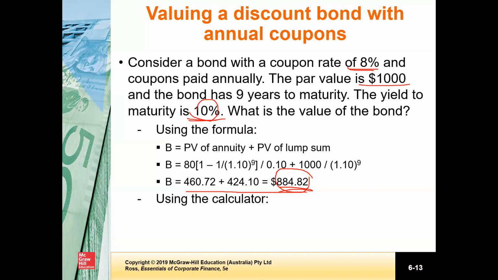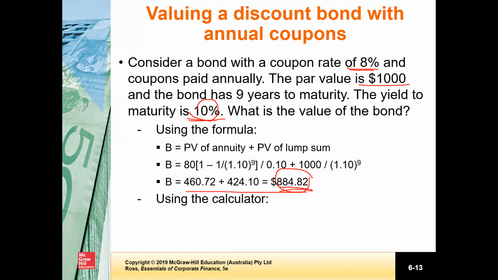You want to earn a return of 10% by investing in this bond. And that is only possible if you buy this bond at a price lower than the face value. So as a result, you get a coupon rate of 8%, and you buy the bond at a price less than the face value, and you get the face value at maturity. So you earn an additional return. And altogether, your overall return will be 10%.